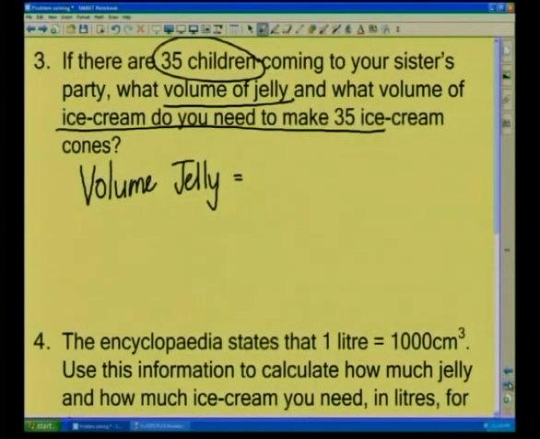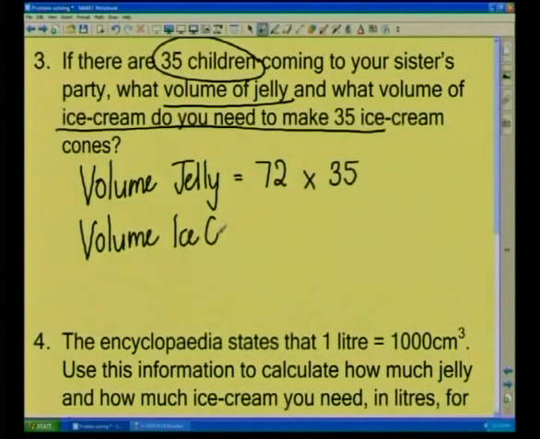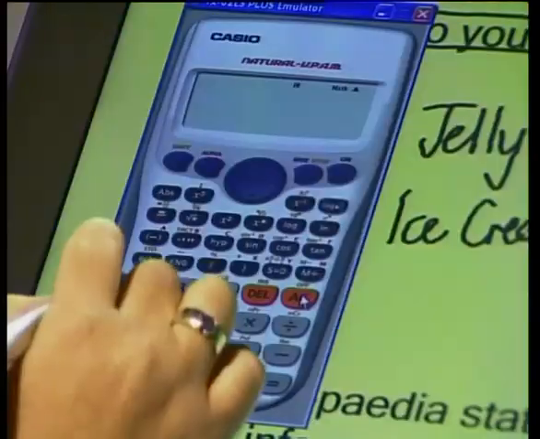So it was 72, and there are 35 children, so I'm going to times that by 35. And my volume of ice cream is going to be the 33 that we've just worked out, times 35. And then I'm going to just work those two out on my calculator.